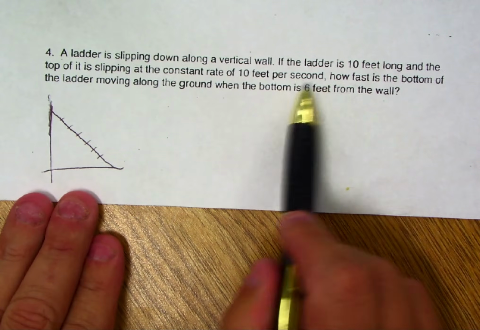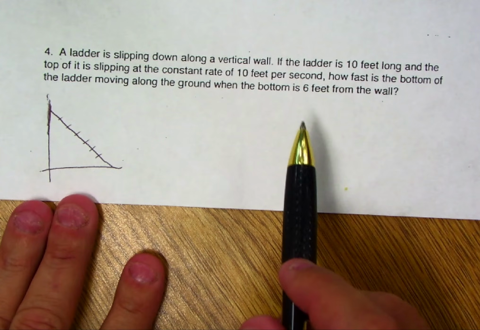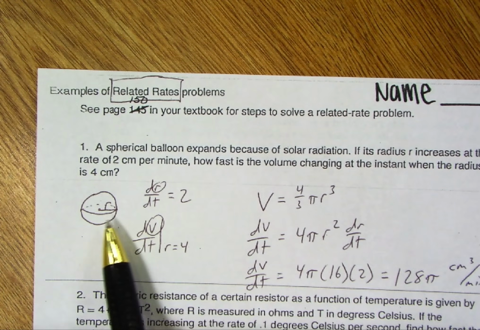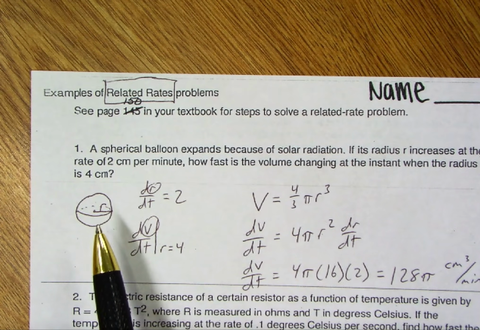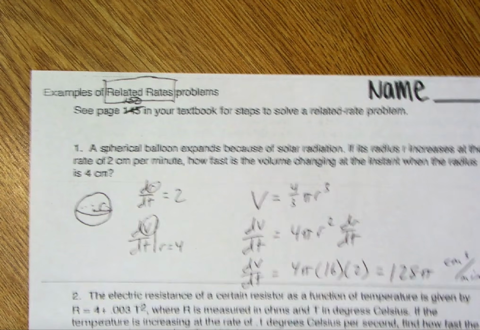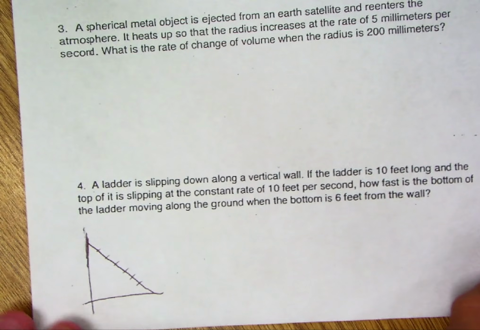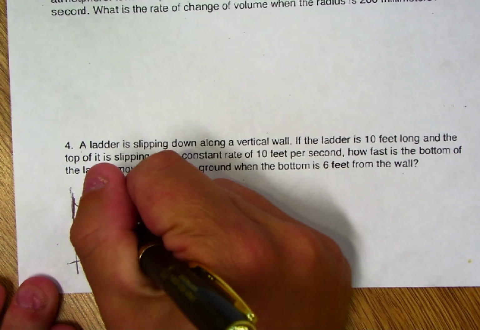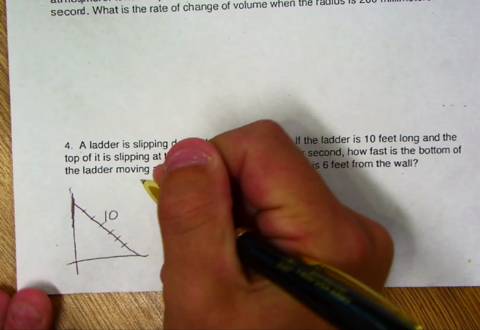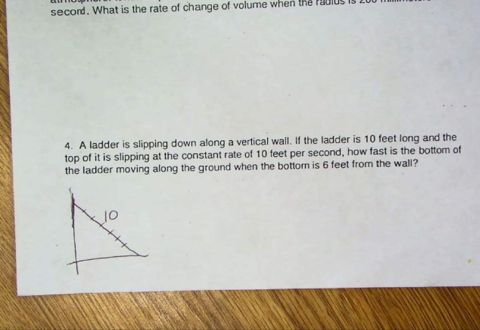I'm going to label this picture a little bit. It tells me the ladder's 10 feet long. Back in the problem up here, I said you can't plug any numbers in if they are numbers that will change over time. Well, if the ladder is 10 feet long, then it's always going to be 10 feet long. So for this problem, 10 is a number I can put in for the ladder. It will never change.